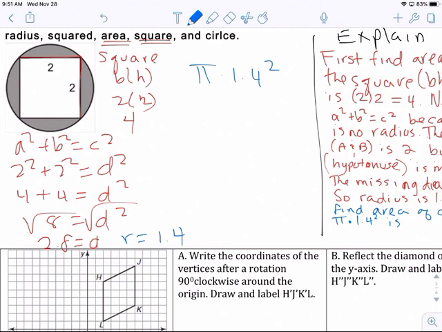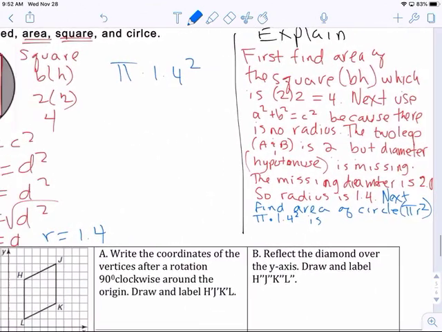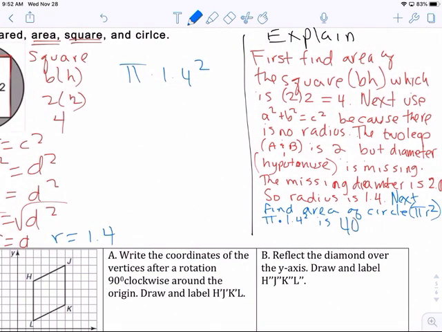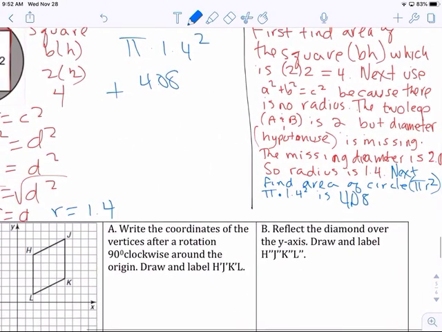This isn't working too well for me on the computer. Okay, 1.4 squared times pi equals 4.08. Round it to the nearest hundredth. So 4.08, add that to 4, you get your total area.